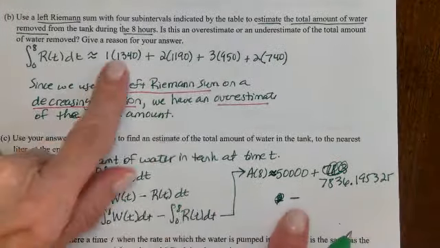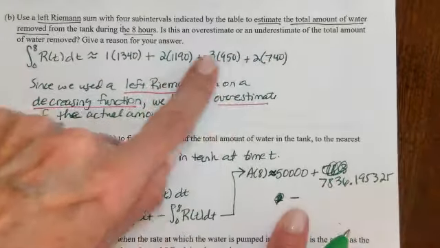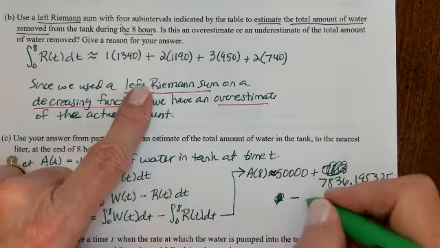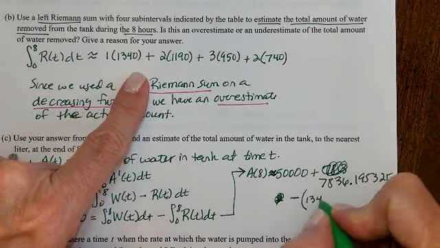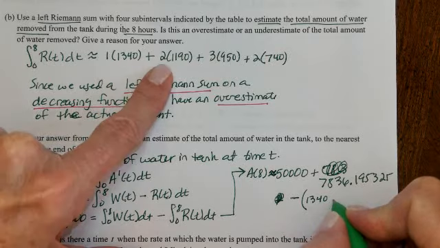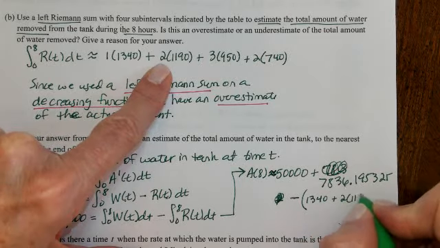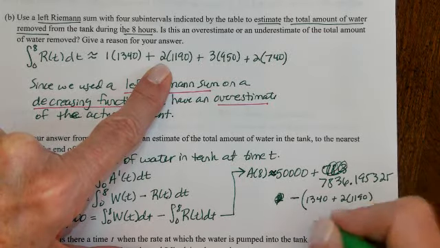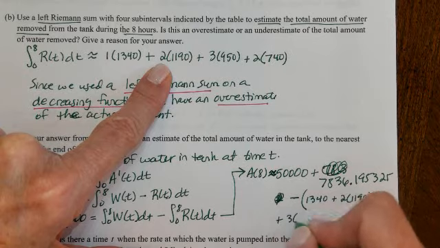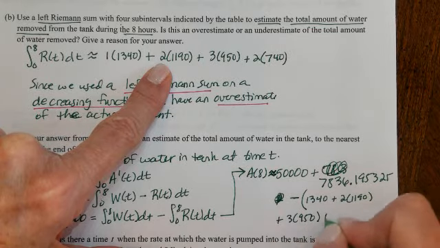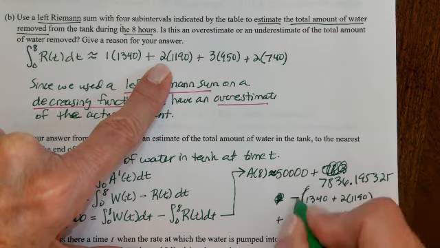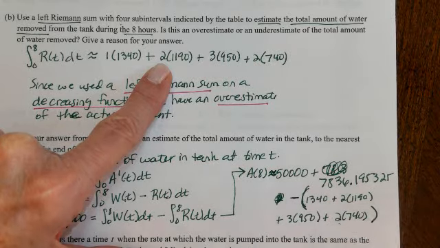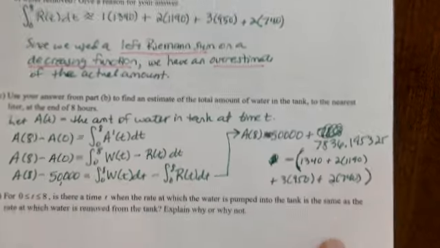We can type all this into our calculator, or you can just write all that out again. And I think I will just write all that out again. 1340 plus 2 times 1190 plus 3 times 950 plus 2 times 740. Close that parentheses because I'm subtracting that whole thing, and I'm done with that problem.